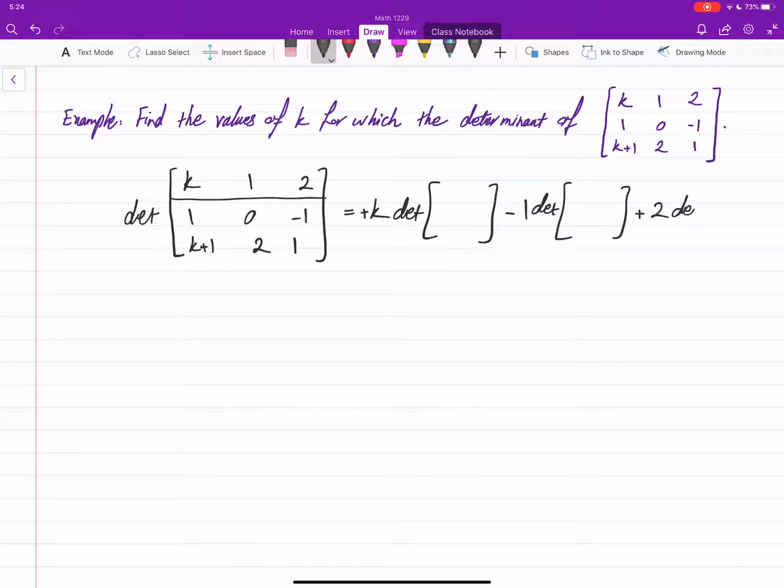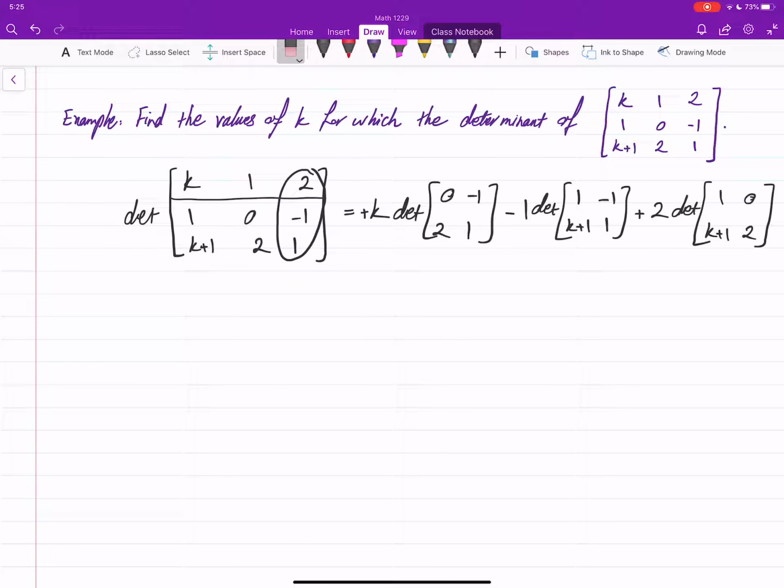What are these 2 by 2 matrices? Cover the row and column of the corresponding entry. So the first will be 0, -1, 2, 1. The second will be 1, -1, k plus 1, and 1. And the last one will be 1, 0, k plus 1, and 2.